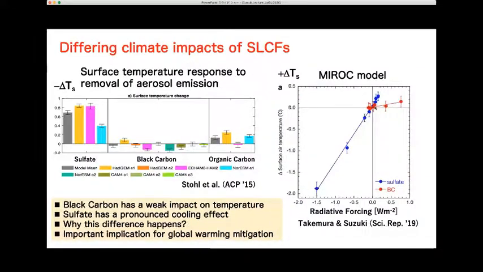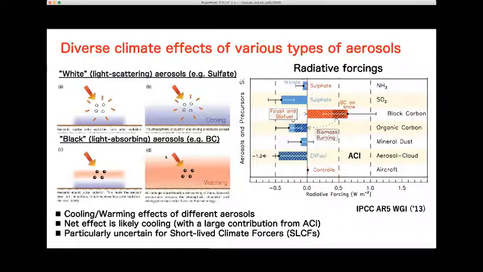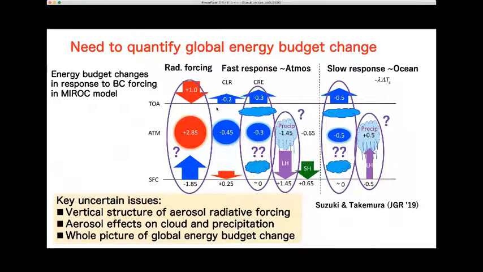For example, these warming aerosols and cooling aerosols have an impact on the global energy budget. For that purpose, we need to understand the whole picture of the global energy budget changes, including lots of different components like highlighted here.